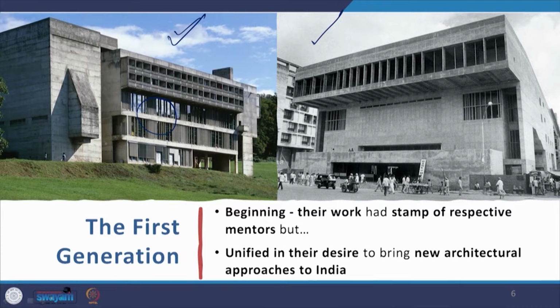You can see that they are close and then they are getting spaced out, etc. And you see that B.V. Doshi also follows the same kind of rhythm in the Premabai Hall. So in the beginning, you could very clearly see the stamp of the mentors on the work of these young architects. But they were also unified in their desire to bring new architectural approaches to India.